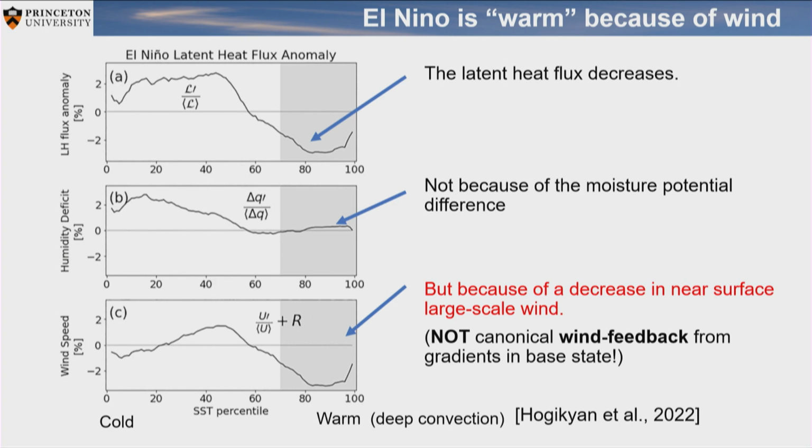If you look at the moisture deficit, it actually doesn't do anything in the warm end. It does exactly what you expect on the cold end. Temperatures go up, the saturation vapor pressure at the surface goes up, the boundary layer is lagging behind, so you have a larger difference, and correspondingly an increased net flux into the boundary layer.